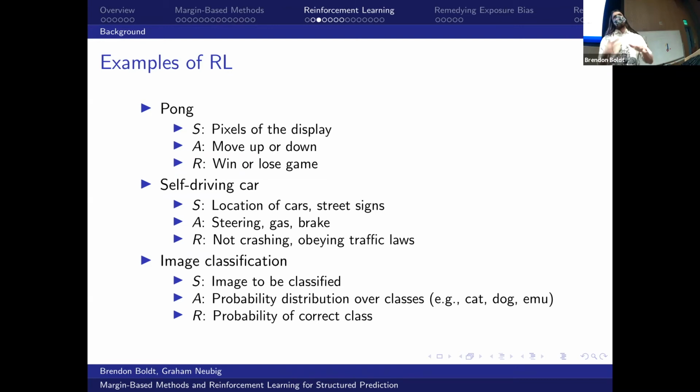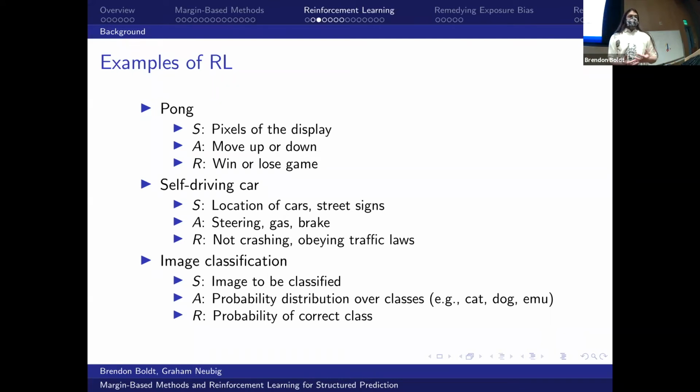Or you might say maybe 2 frames of pixels so that you can gauge how fast the ball is moving. But generally, that's the thing which the agent can observe. The actions, of course, in Pong are to move your paddle up or down, and the reward is whether you win or lose. Typically a +1 for winning and a -1 for losing.